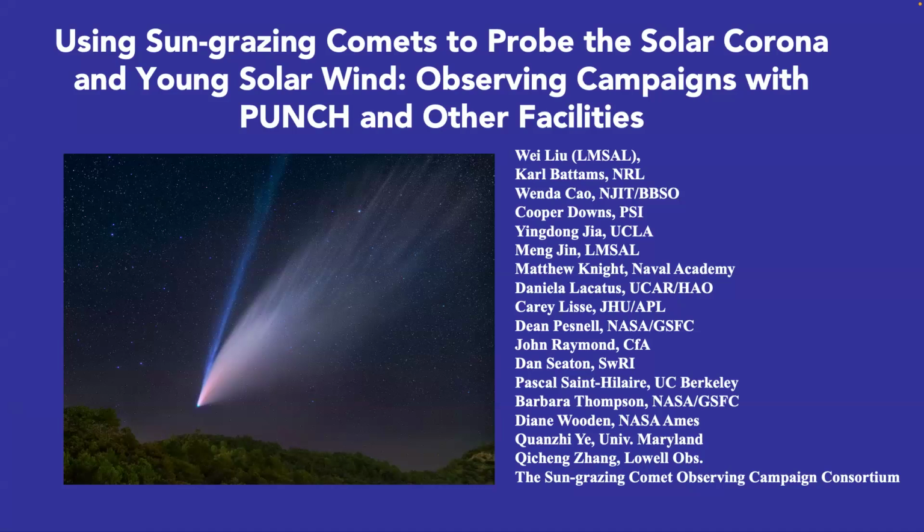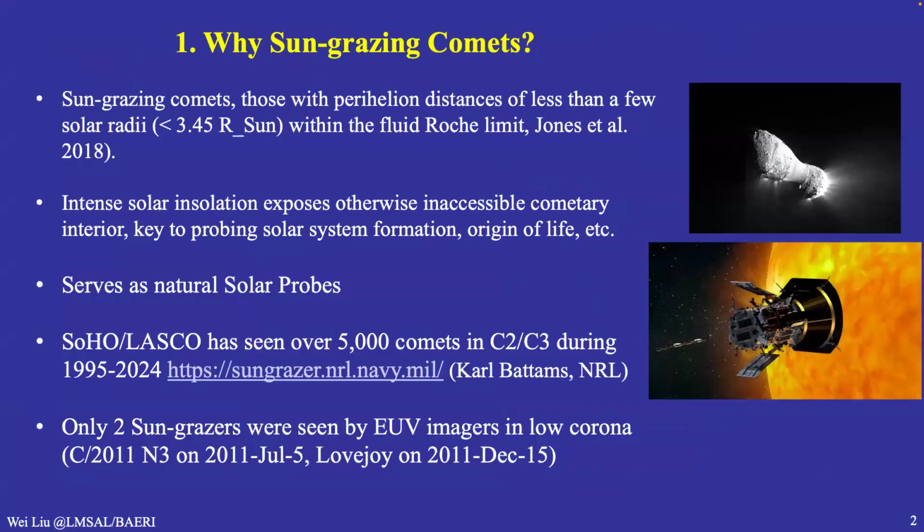Switching gears again, comets. Comets are probably the second most fascinating heavenly bodies in the sky that grabbed the attention of our childhood eyes, including myself. We are interested in the so-called sun-grazing comets, which are those with very close perihelion distance, within about 3.5 solar radii from the sun's center. Those are very interesting objects for two reasons.